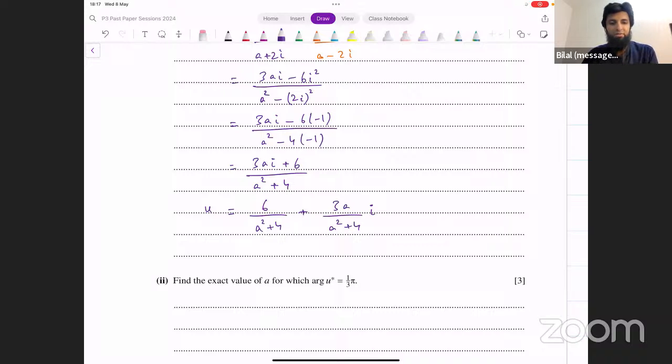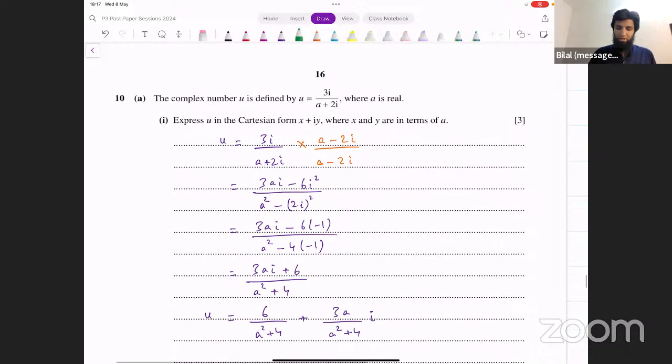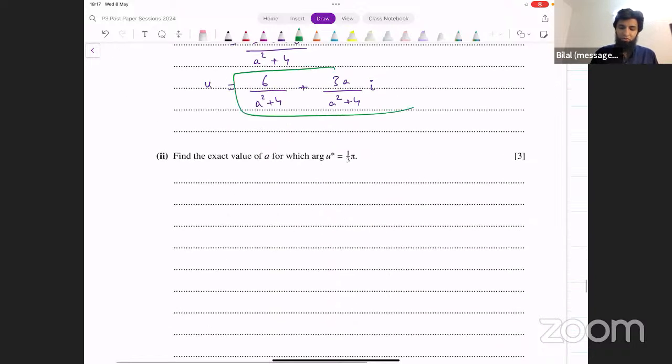U equals this. Okay. Now it says, find the exact value of a for which the argument of u conjugate is pi over 3. Okay, now we need to find the value of a for which the argument of u conjugate is pi over 3. Now, what is u conjugate going to be? This is u.